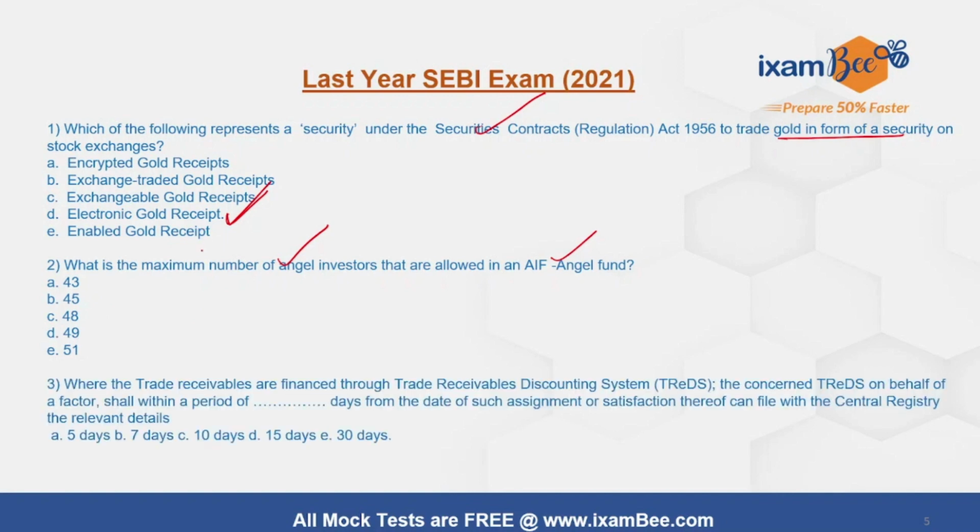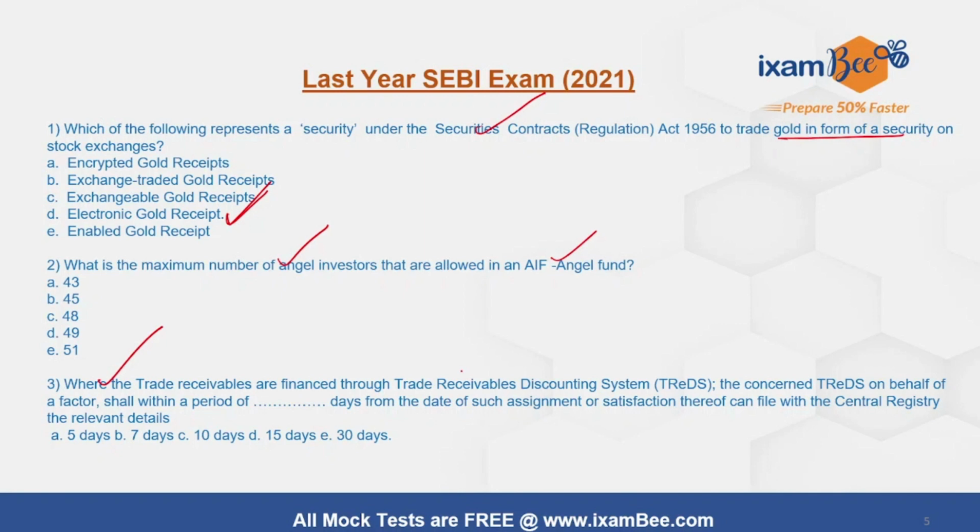So the options were there, and this particular question was also seen in the phase 2 exam of SEBI, where it is related to the trade receivables discounting system, and this information was picked up from an RBI circular. So these memory-based questions that are there in the database were actually taken from the respective circulars, the ongoing current circulars.